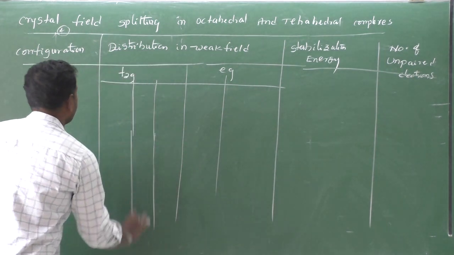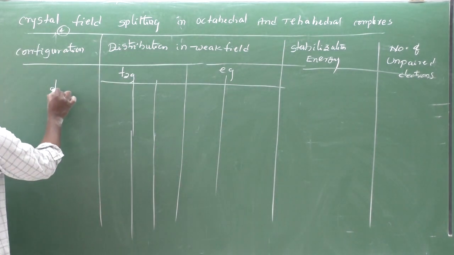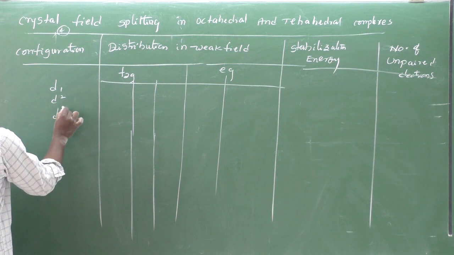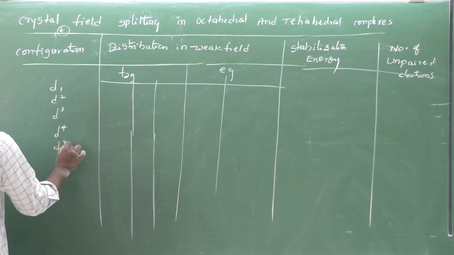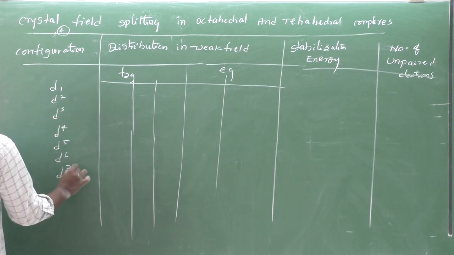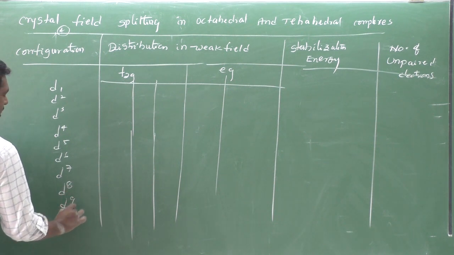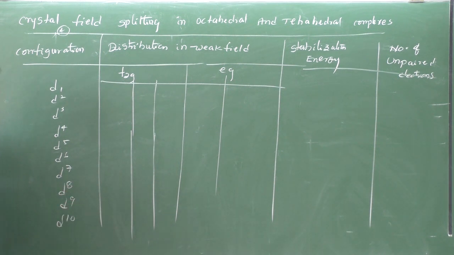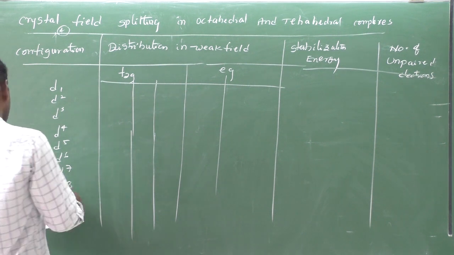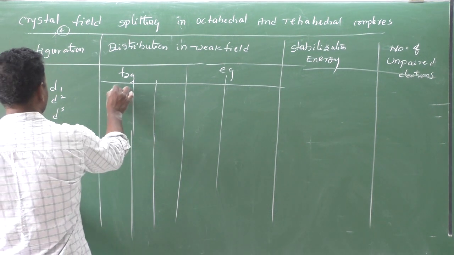So how can we write D1, D2, D3, D4, D5, D6, D7, D8, D9, D10? How can we write this electronic configuration? For D6 we can write, how much value we get? I will write here. So here this is 1.